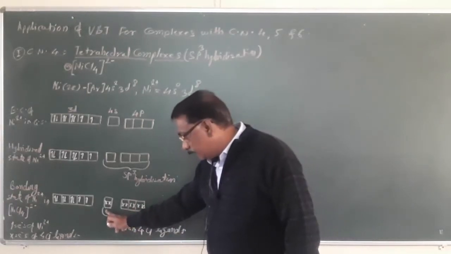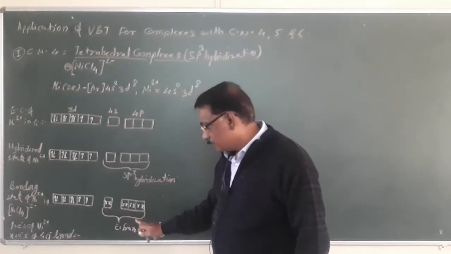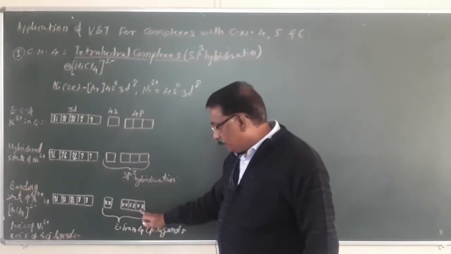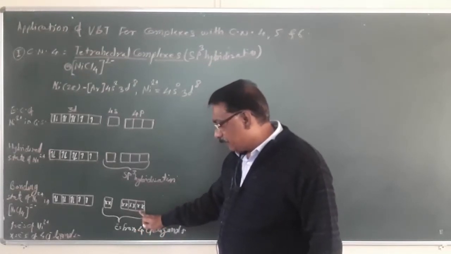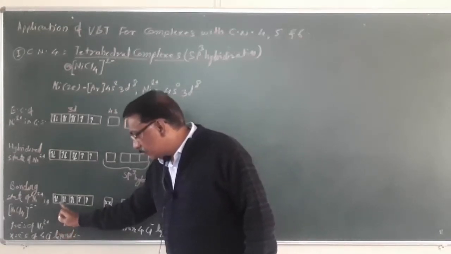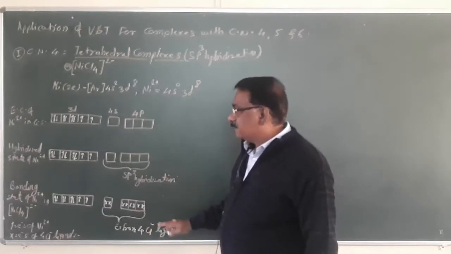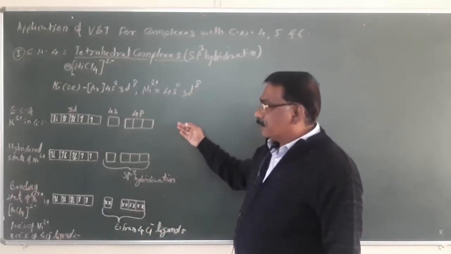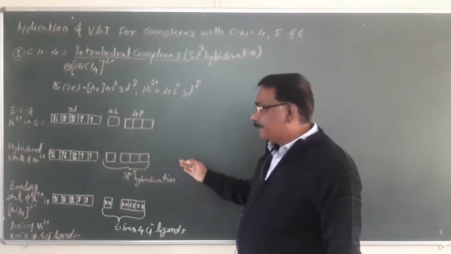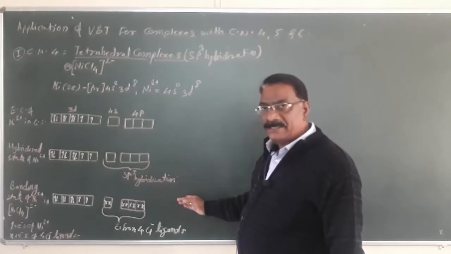So the first chlorine can donate 2 electrons, the second chlorine can donate 2 electrons, the third chlorine can donate 2 electrons, and the fourth chlorine can donate 2 electrons. Here we note that the arrow represents the electrons of nickel and the cross represents the electrons of chlorine. Thus it is the ground state electron configuration of Ni2 plus, the hybridized state of Ni2 plus, and the bonding state.